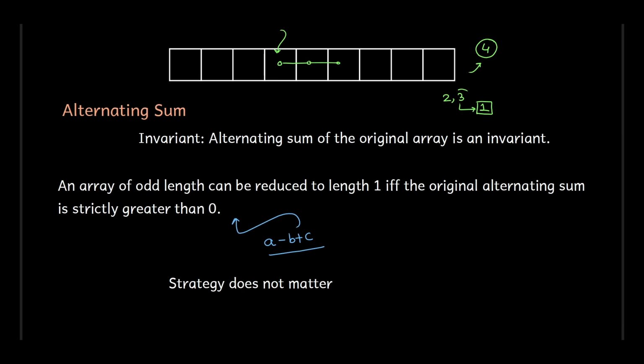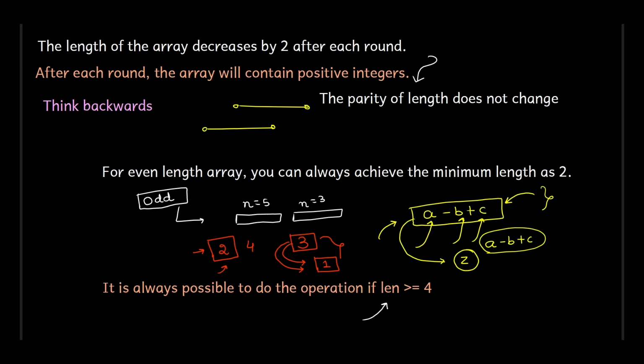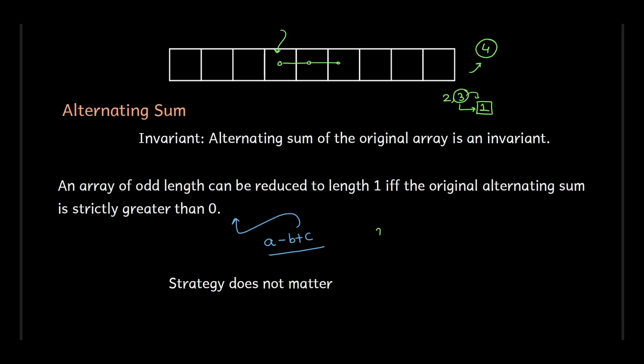If it is positive, then you can definitely jump from 3 to 1. So this is one version of the problem where you wanted to just find out the minimum length that you can reduce an array of length n down to while doing these operations.